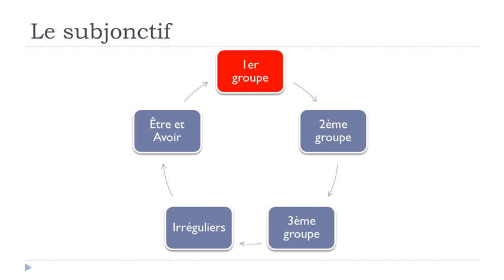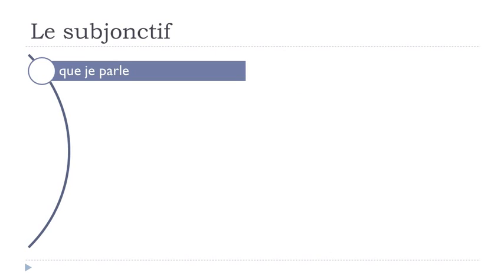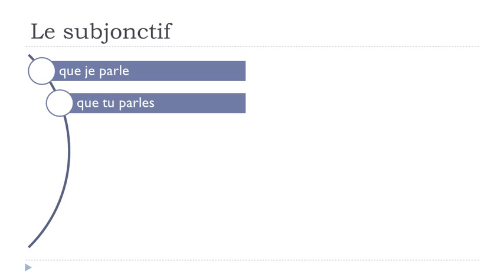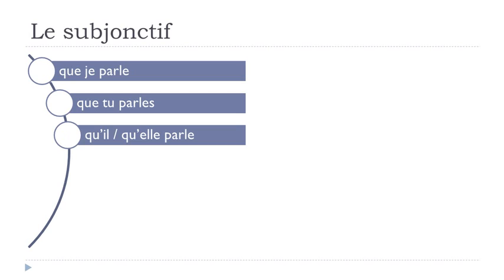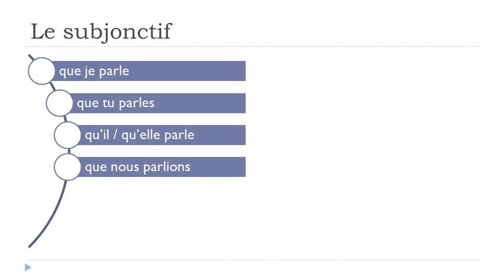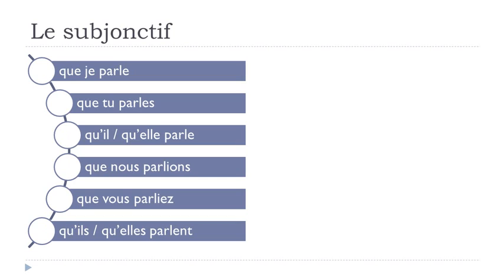Okay, so let's see now the first group, and you will see that it's quite easy because we get que je parle, que tu parles, qu'il parle, qu'elle parle, que nous parlions, que vous parliez, qu'il parle, qu'elle parle. All right, this is the subjonctif, and it's quite interesting because if you take the time to look at it, que je parle, it's exactly the same form as the present form.